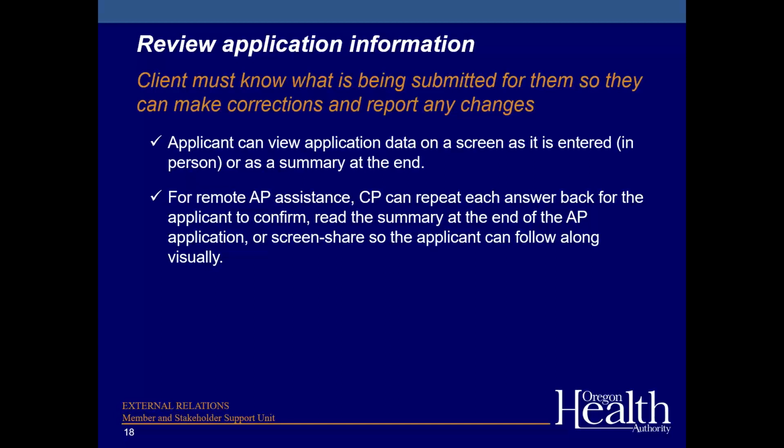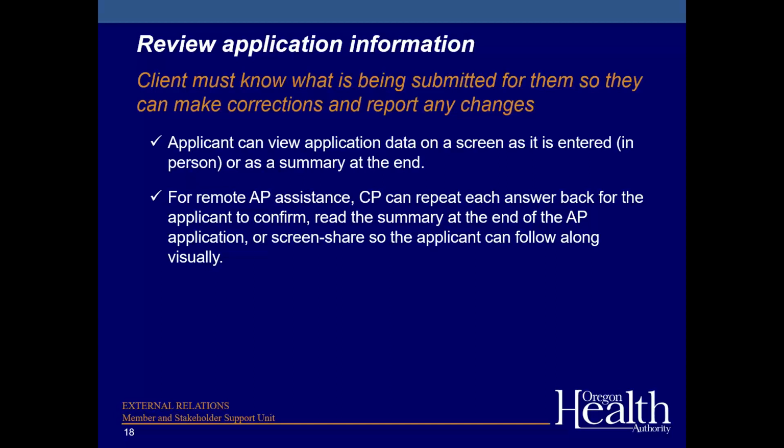Now, that can happen in various ways. If you're in person, the applicant can view that application data on the screen as it's entered. They can also look at it as a summary at the end. That's for in-person assistance, right? If you're assisting remotely, the community partner can repeat each answer back to the applicant to confirm.